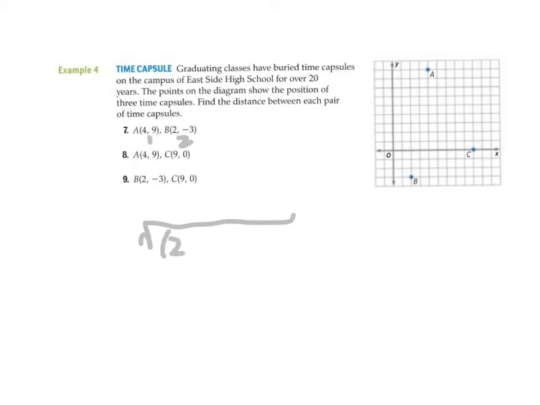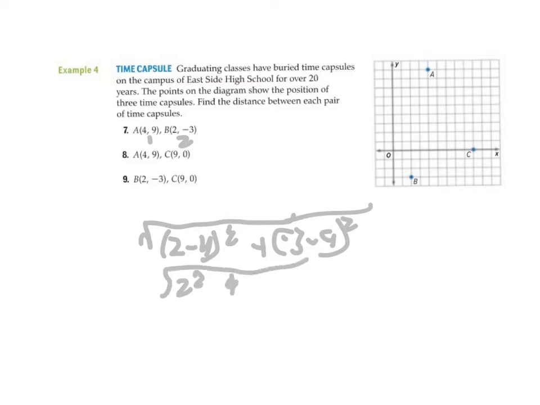So this is going to be 2 minus 4 and squaring it, plus negative 3 minus 9 and squaring it. Okay, so you're going to finish up with what is basically 2 squared plus 12 squared, which is going to give you the square root of 148, and the square root of 148 to the nearest decimal point is 12.2.